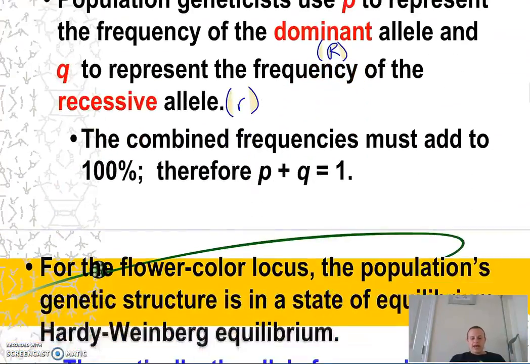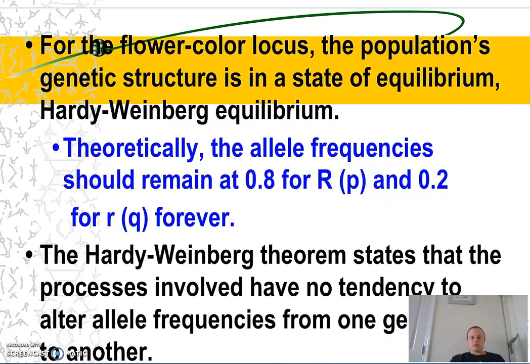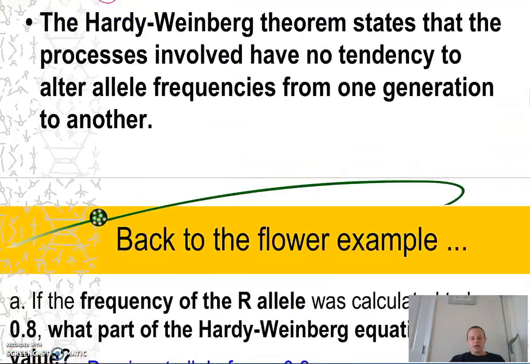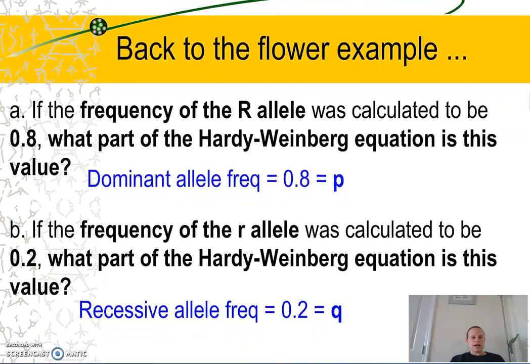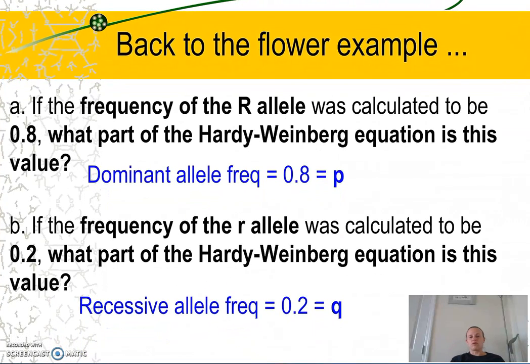So if we look at our flower example, we looked at the allele for being dominant and the allele for being recessive. If I was looking at the frequency of the dominant allele, that means I'm looking for p.